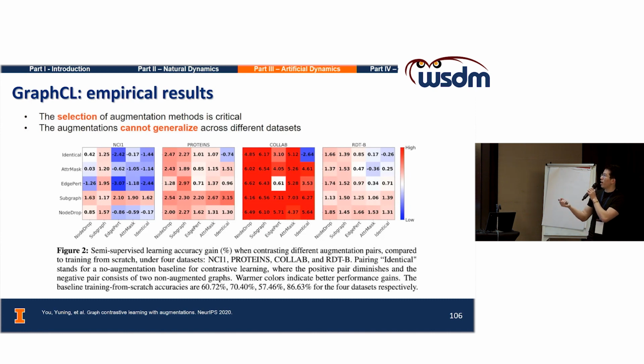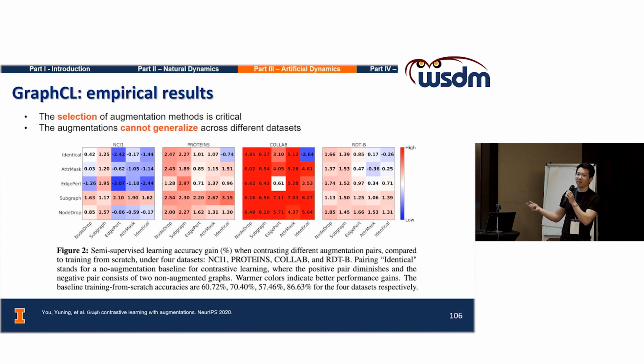The first is that the selection of the augmentation method is critical. Over the four datasets, on almost every dataset, we can observe both red blocks and blue blocks, which means sometimes the performance is positive and sometimes it's negative. Even worse, the augmentations cannot generalize across different datasets.